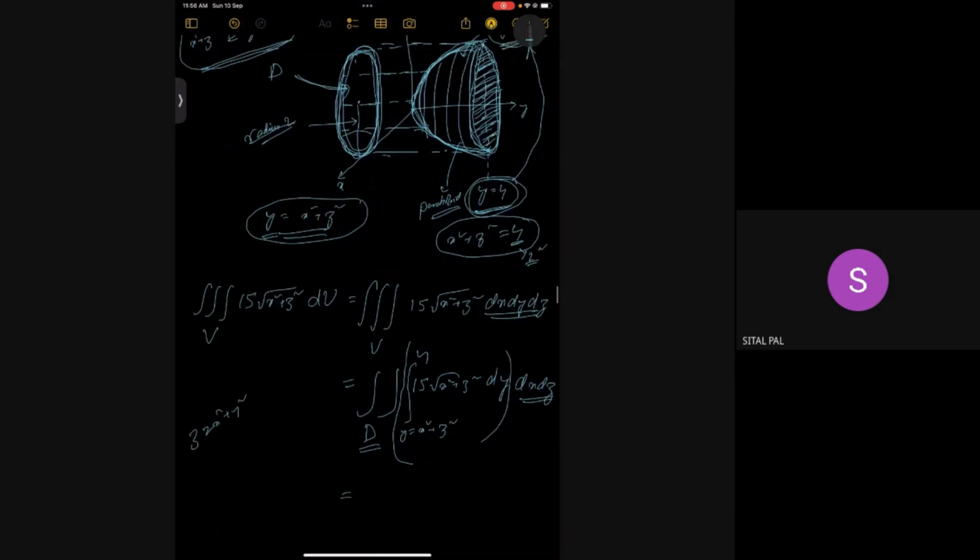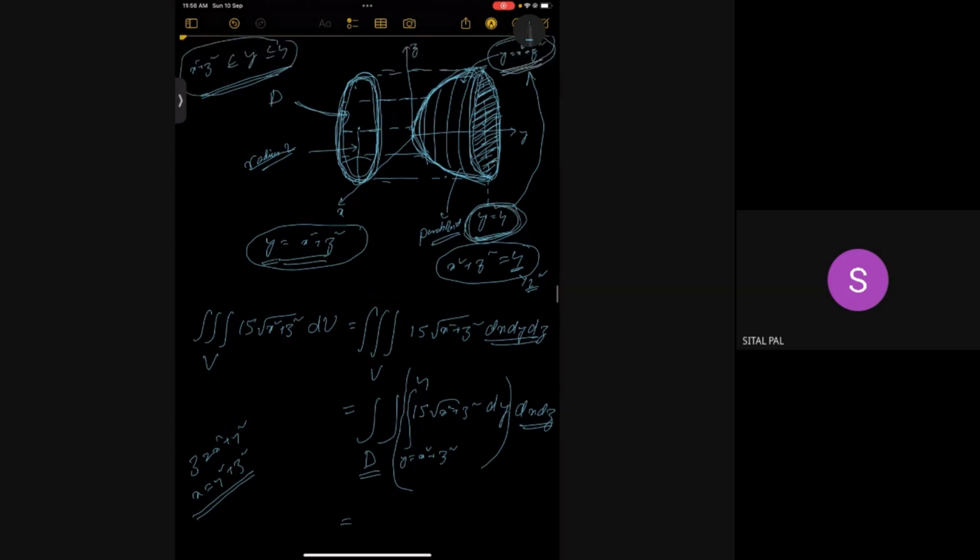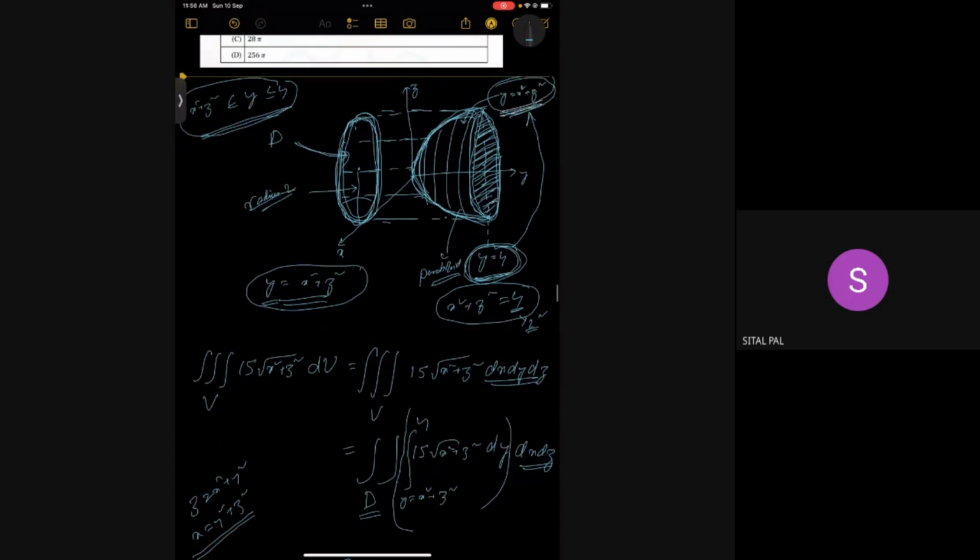Again, we have another paraboloid where x equal to y squared plus z squared. It will be a paraboloid with the axis along the x-axis. So when you look at this paraboloid, and you are asked to consider the region cut off by the plane y equal to 4, it's pretty obvious that we have a bound of the values of y between x squared plus z squared and 4, correct?